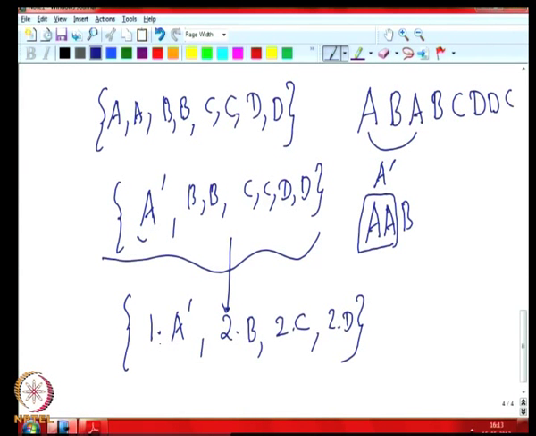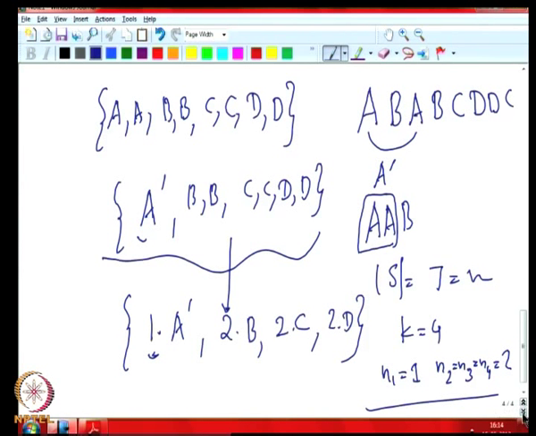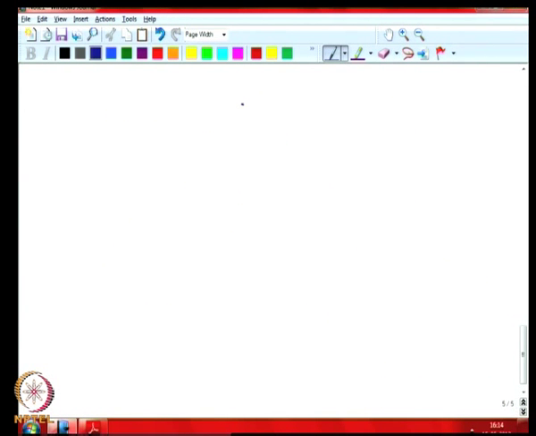The cardinality of the multiset is 1 plus 2 plus 2 plus 2, that is 7, so n equals 7, and now we have k equal to 4 because there are 4 types, and n1 equal to 1 because here it is only one type, n2 equal to n3 equal to n4 equal to 2. We can easily find the number of permutations of this sort: 7 factorial divided by 1 factorial into 2 factorial into 2 factorial into 2 factorial.